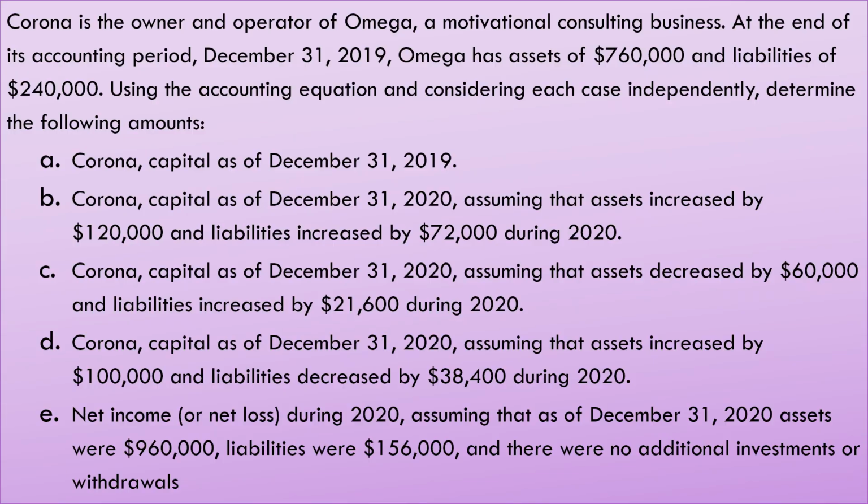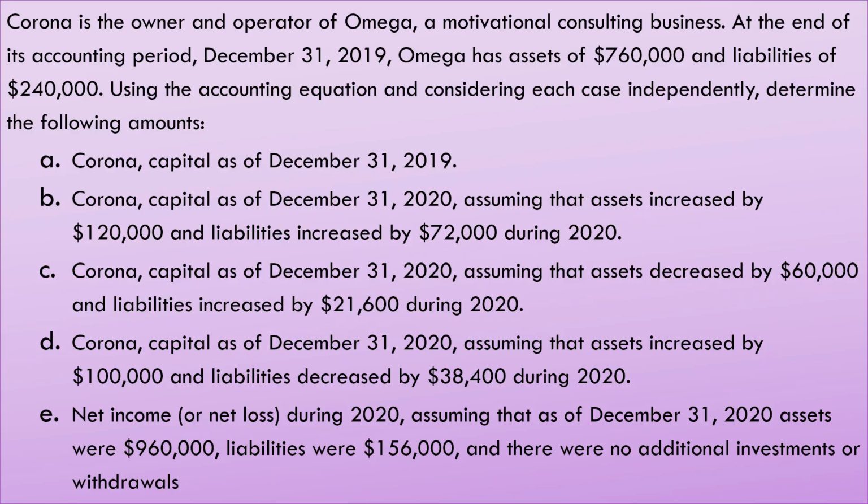Using the accounting equation and considering each case independently, determine the following amounts. A. Corona capital as of December 31st, 2019. B. Corona capital as of December 31st, 2020, assuming that assets increased by $120,000 and liabilities increased by $72,000 during 2020.